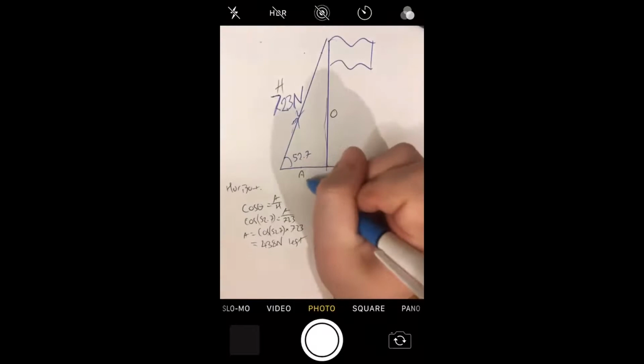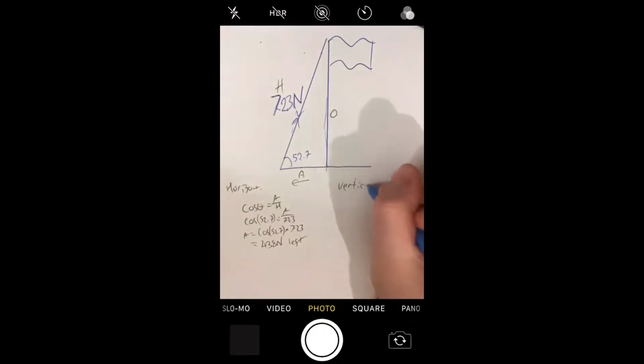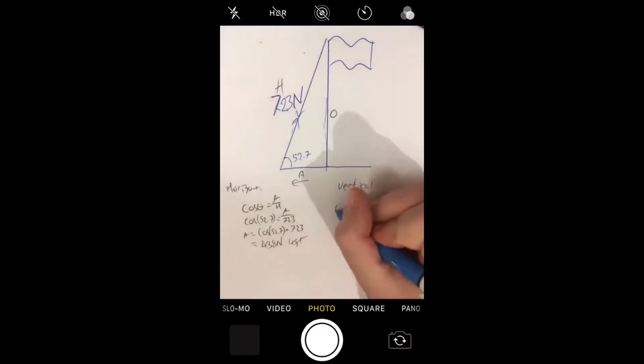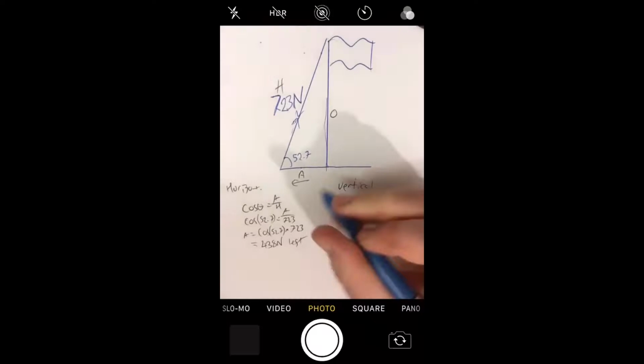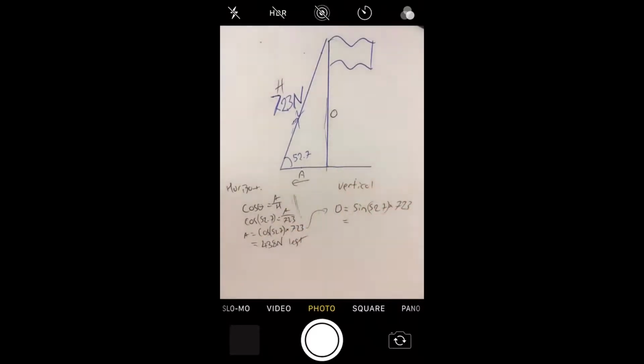Whereas the vertical force, we're going to skip some steps, is going to be sine of 52.7 times 723. I've skipped these first two steps and just jumped to this one.